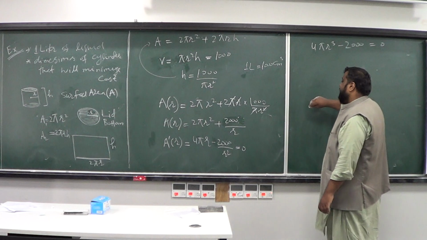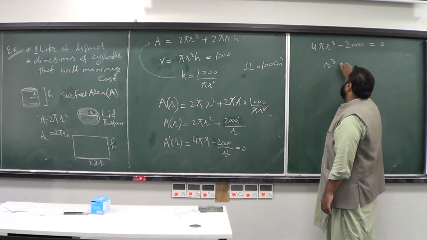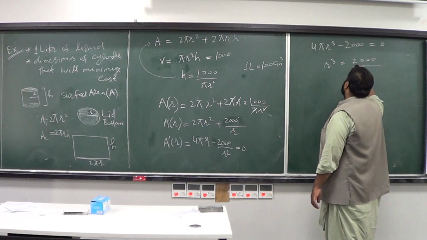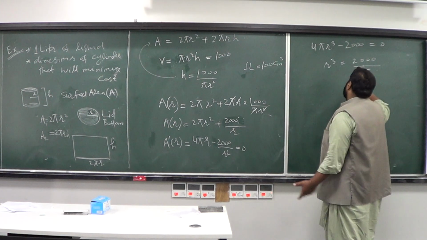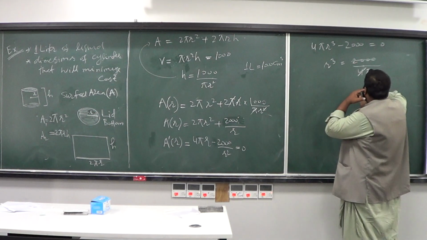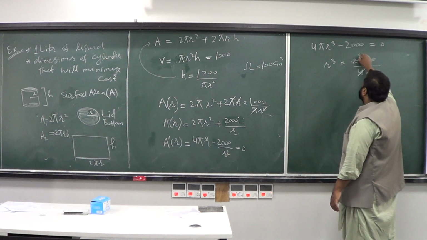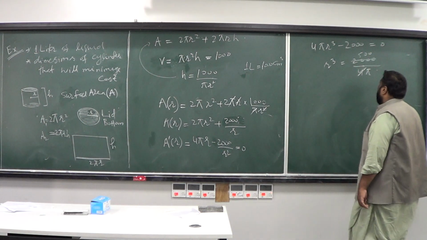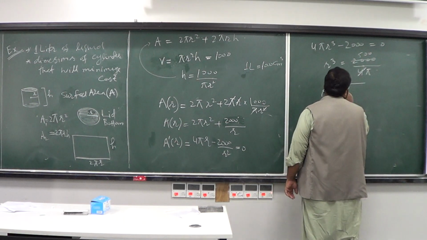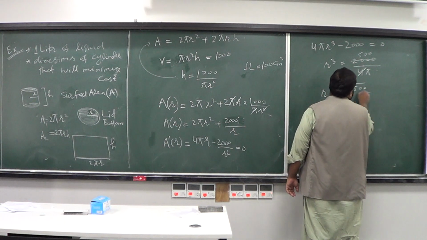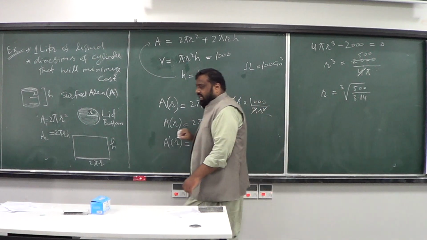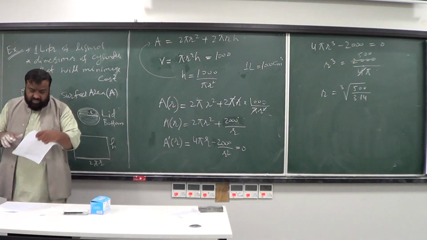So r cube would be 2000 divided by 4 pi, and 2000 divided by 4 is 500, so r cube is 500 divided by pi. So r is going to be the cube root of 500 divided by pi, and I can treat pi as 3.14 approximately.